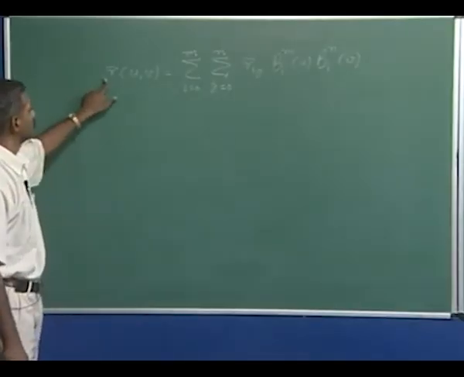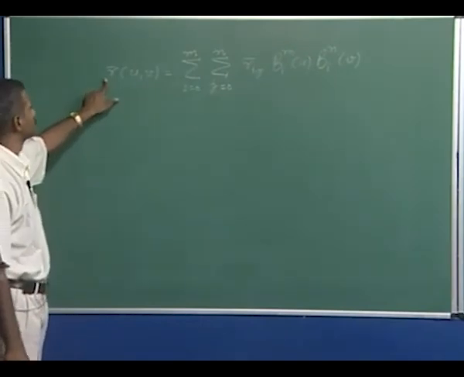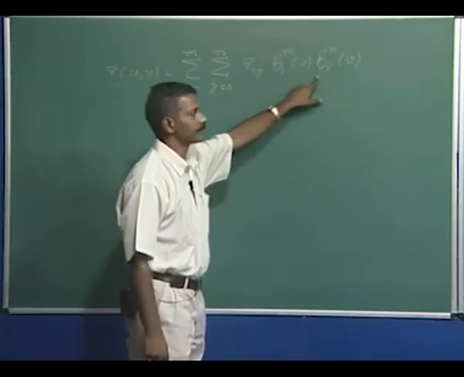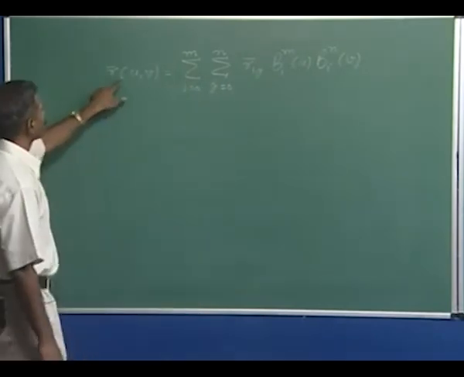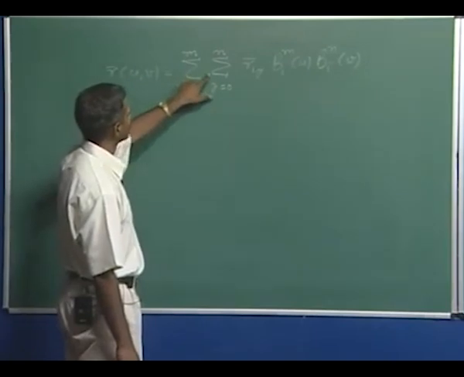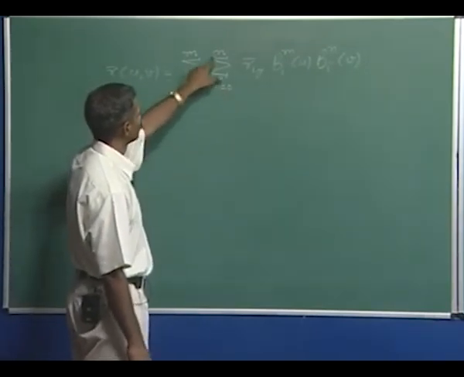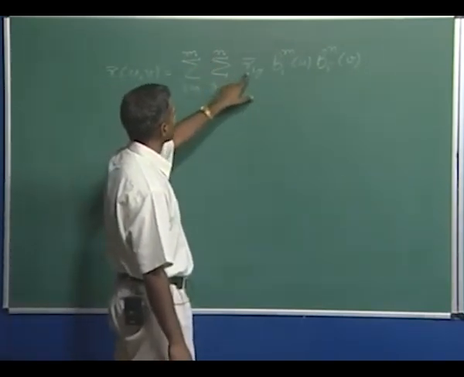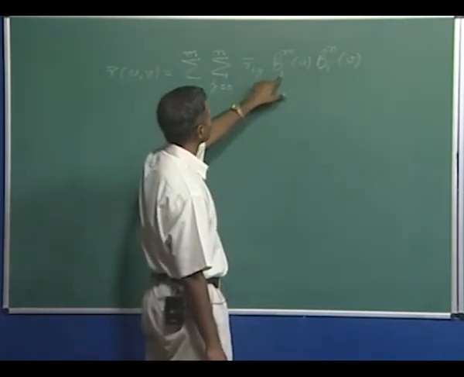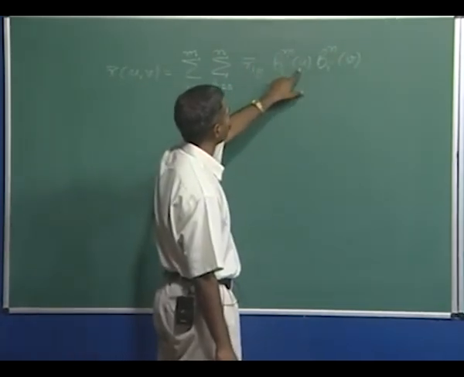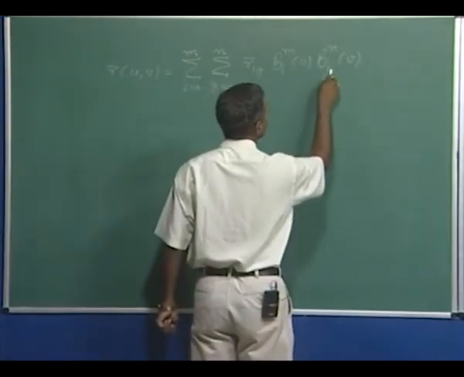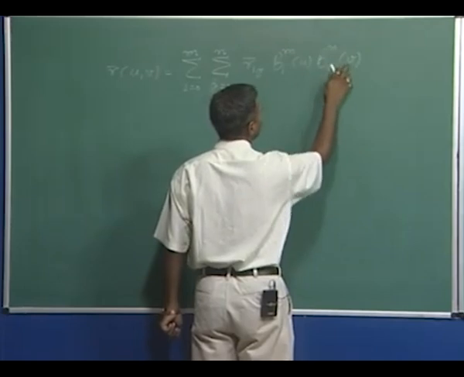So this is the expression for the tensor product surface involving Bernstein polynomials. R of uv is equal to summation i going from 0 to m, summation j going from 0 to n, the design points Rij times the Bernstein polynomial with index i of degree m in u and the Bernstein polynomial with index j and degree n in v.